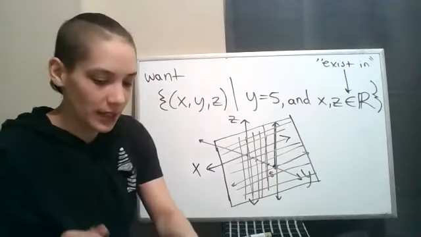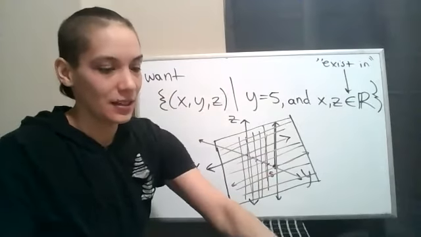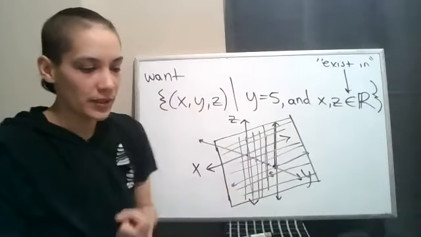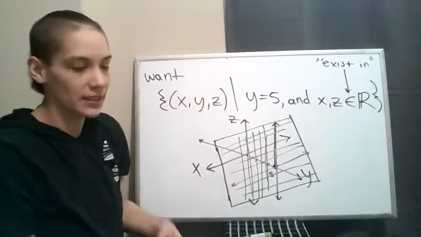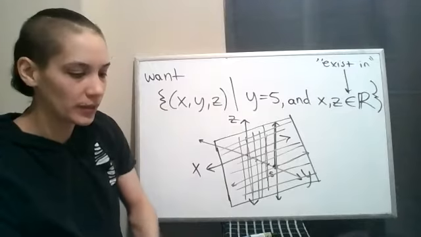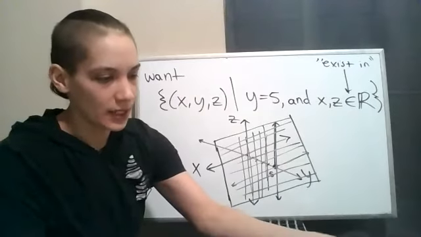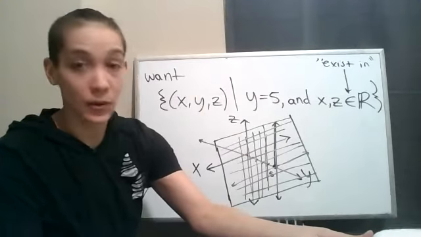Okay, let's keep going. The different kinds of formulas we're going to do are the distance formula in 3D, the midpoint formula in 3D, and the equation of a sphere.